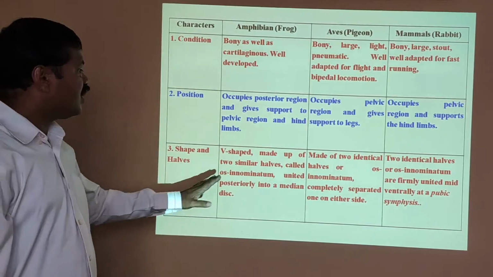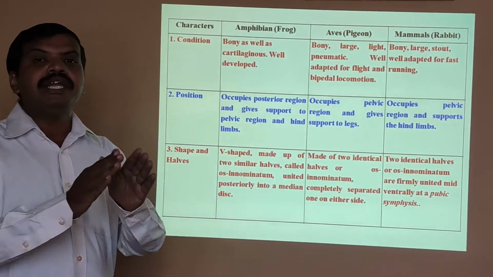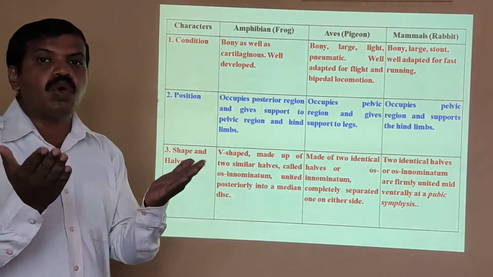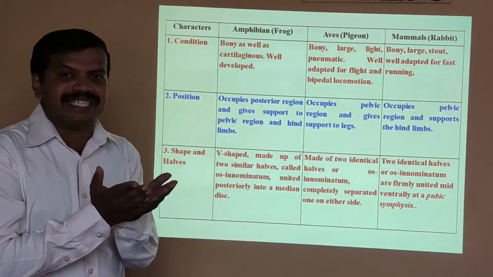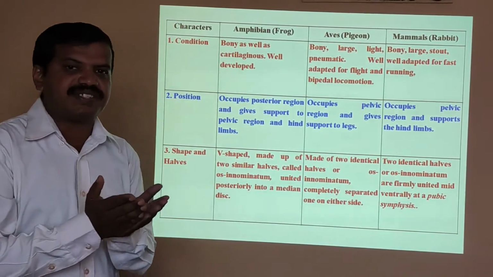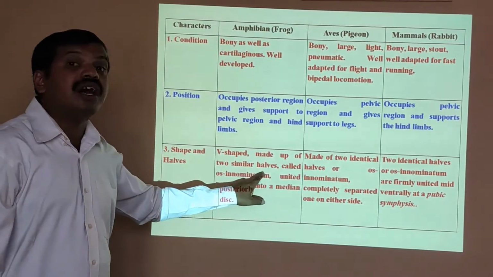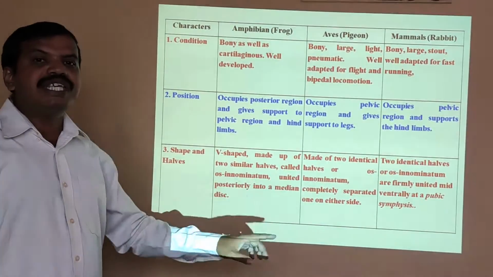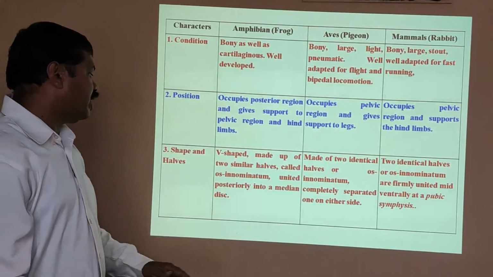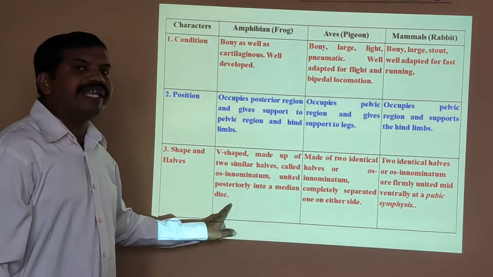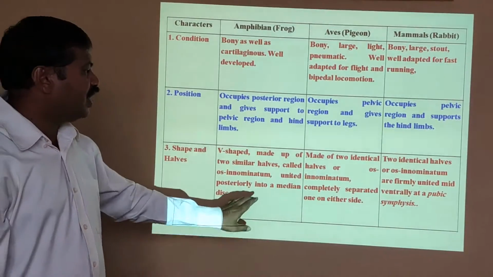In the case of the frog, it is V-shaped and invariably made up of two halves. Both halves are united to form a disc, called the pubic symphysis. Each half is called the os innominatum, united posteriorly into the median disc. In this disc, you can see the attachment of the hind limbs.